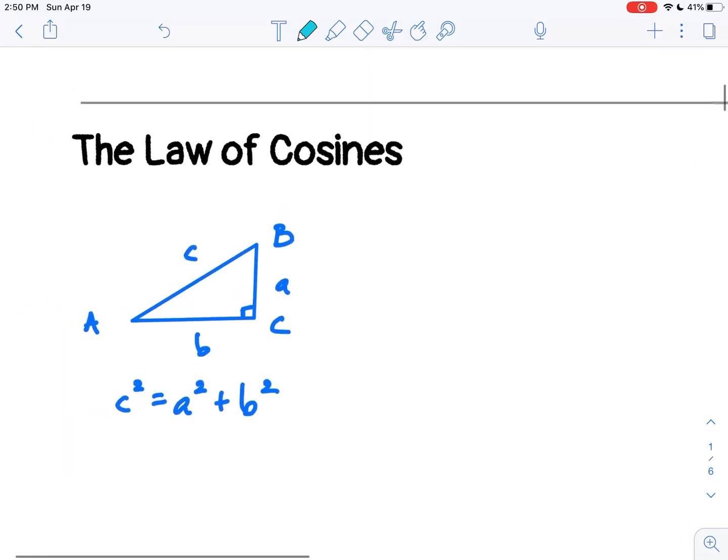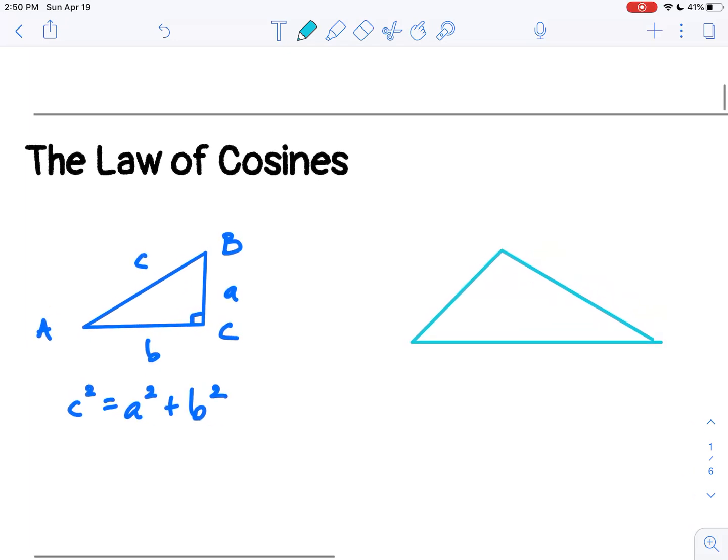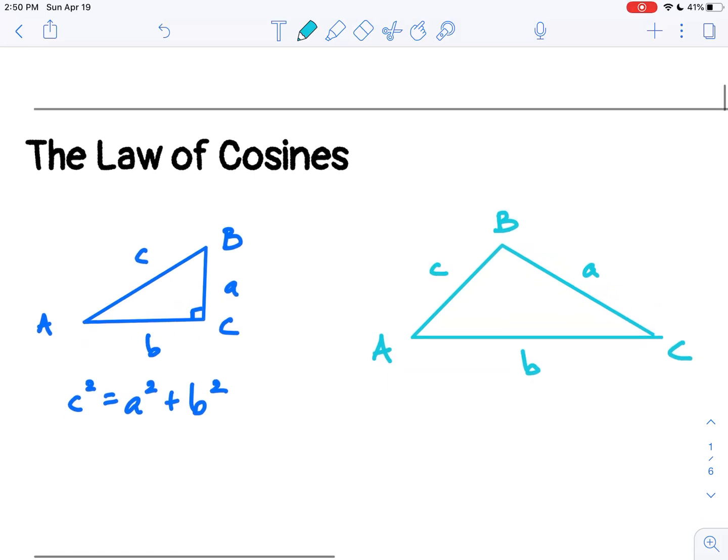So let's take our diagram for the law of cosines, and we're going to make it an oblique triangle, just like we had with our law of sines. We're going to call this A, this C, and this B. And that still means that we have little a across from A, little b across from B, and little c across from C.